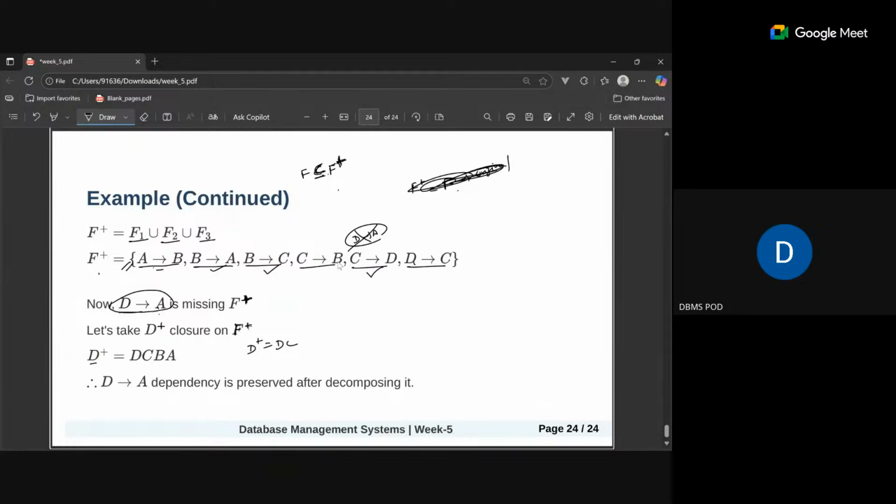And again, C will determine B. Again, B will determine A. So from this closure, you can say D determines A. So functional dependency is preserved. If you haven't got A here, then it is not functionally dependency preserved. Right?